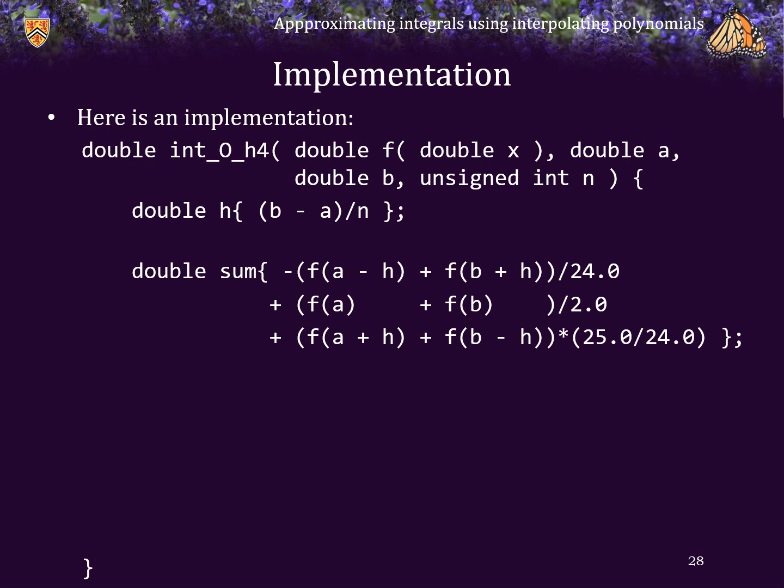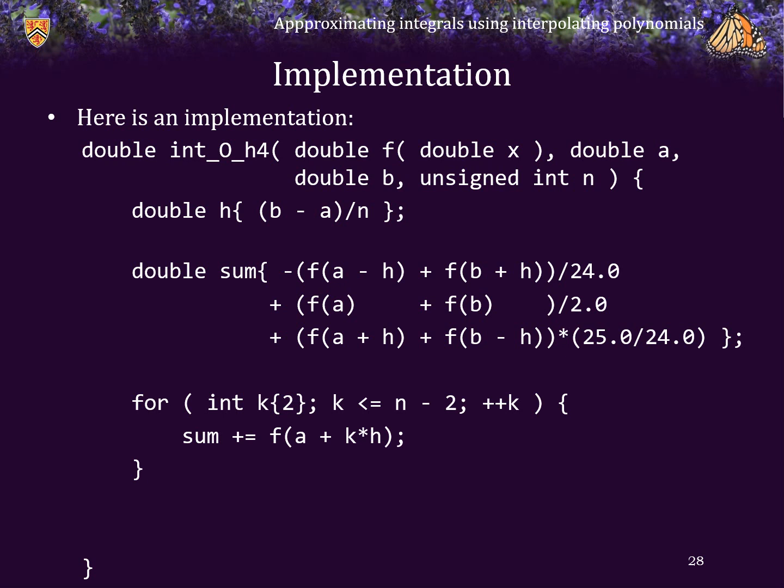So f at a minus h and b plus h have a multiplier of negative 1 over 24. F at a and f at b have a multiplier of 1/2, and f at a plus h and f at b minus h have a multiplier of 25 over 24. We then add all other entries into the sum and return sum times h.